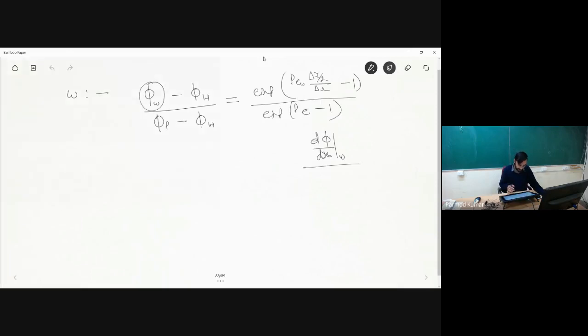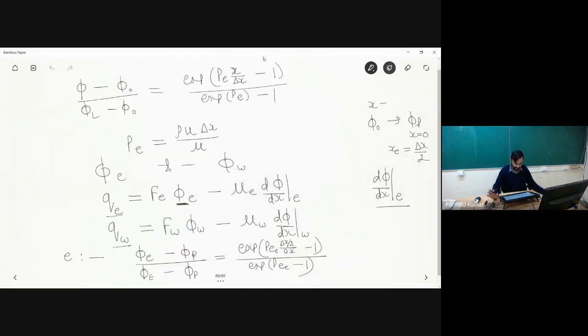So what I will be doing now is nothing but a simple mathematical manipulation. All of you try this mathematical manipulation on your own, and in the next class I will directly give you the final expressions for phi E and phi W. Okay, is this point clear?